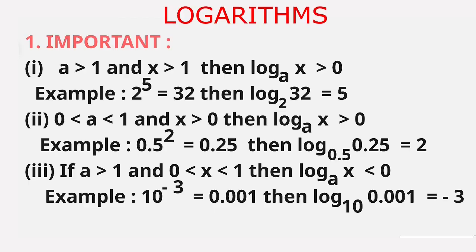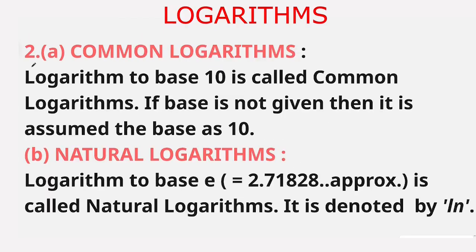Now we go to the next topic, characteristic and mantissa. Point 2. Part A, common logarithms. Logarithm to base 10 is called common logarithm. If the base is not given, then it is assumed to be 10.